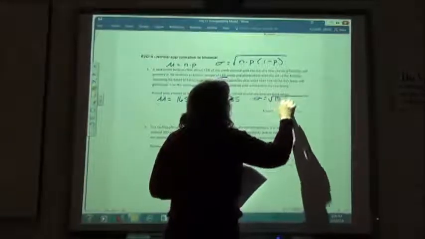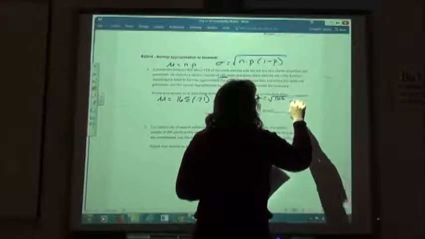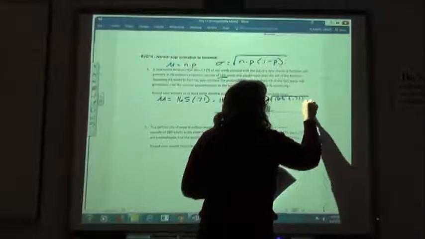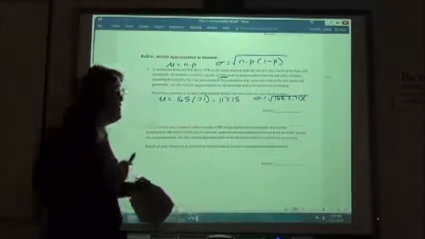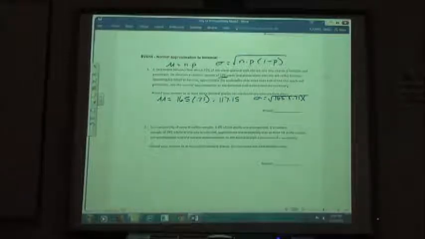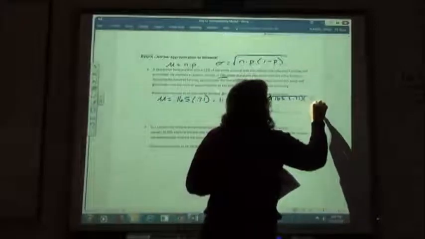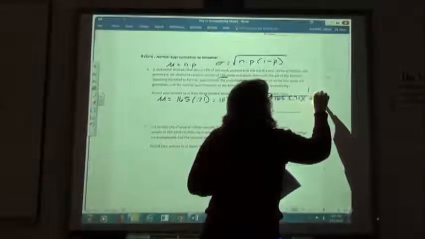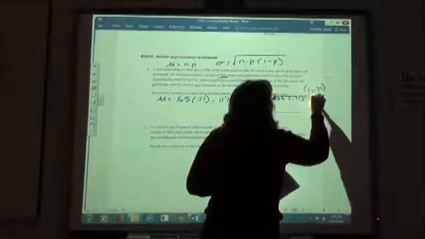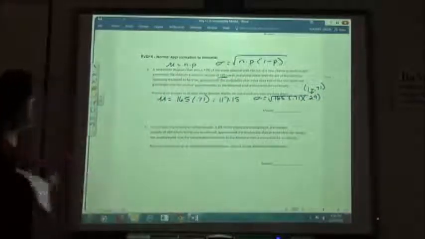So 165 times the 71% times 1 minus 71%. So if I have 71% and I take 100 minus that, I would get 29%, right? So 0.29. I'm going to just write 1 minus 0.71 so you know where I got that number from.